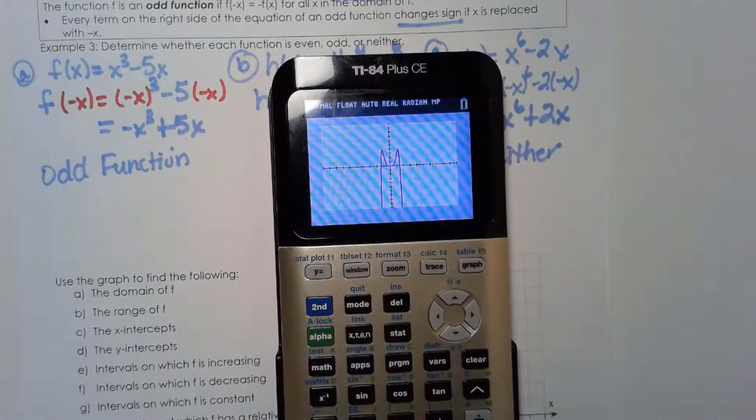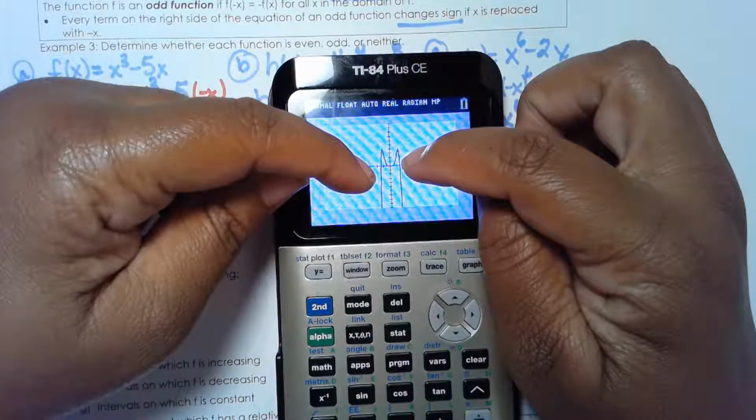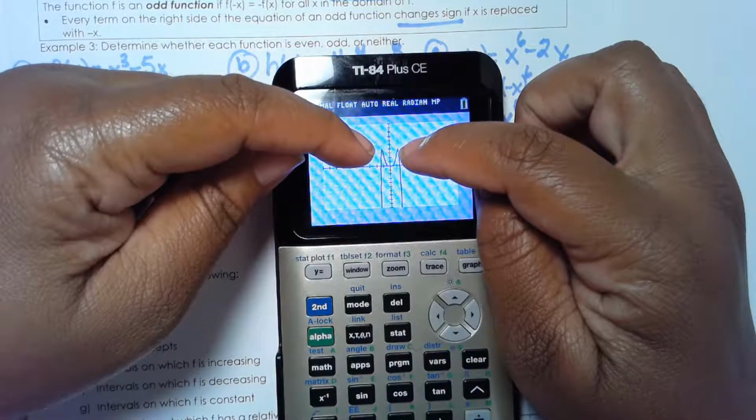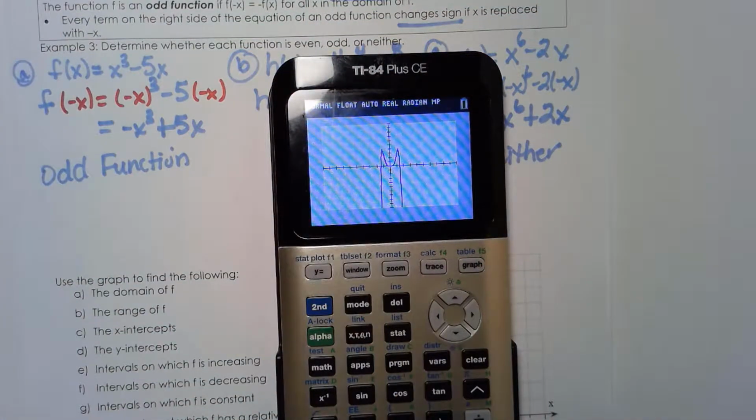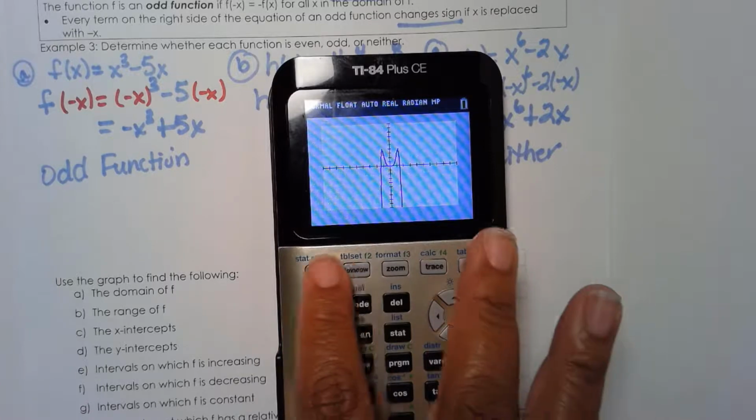So that means that these 2 points that I'm pointing to at the top, the highest points, if we fold on the y-axis, those 2 points will touch. Okay, so we'll talk about this in a few examples later. But just so that you can get a visual, what does it mean by odd function? What does it mean by even function?